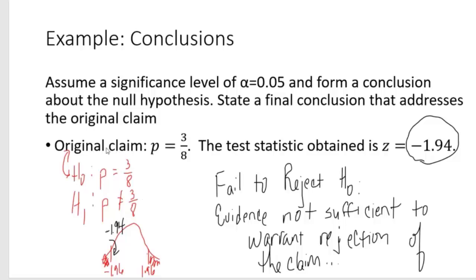Okay, because that's what the claim was right here. So we are failing to reject the null, and since the null was the same as the claim, we are not rejecting the claim. In other words, we don't have enough evidence to say it's wrong yet.